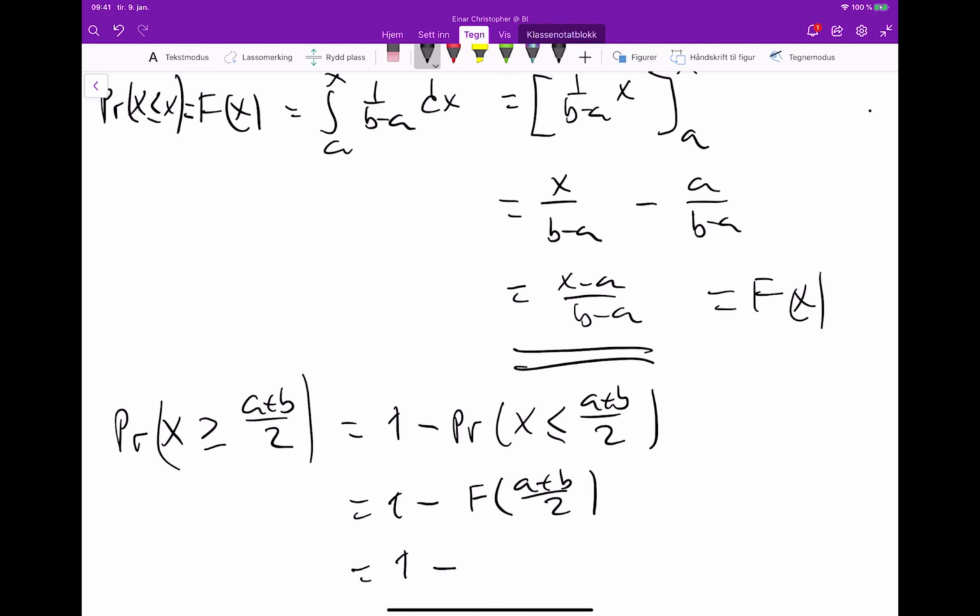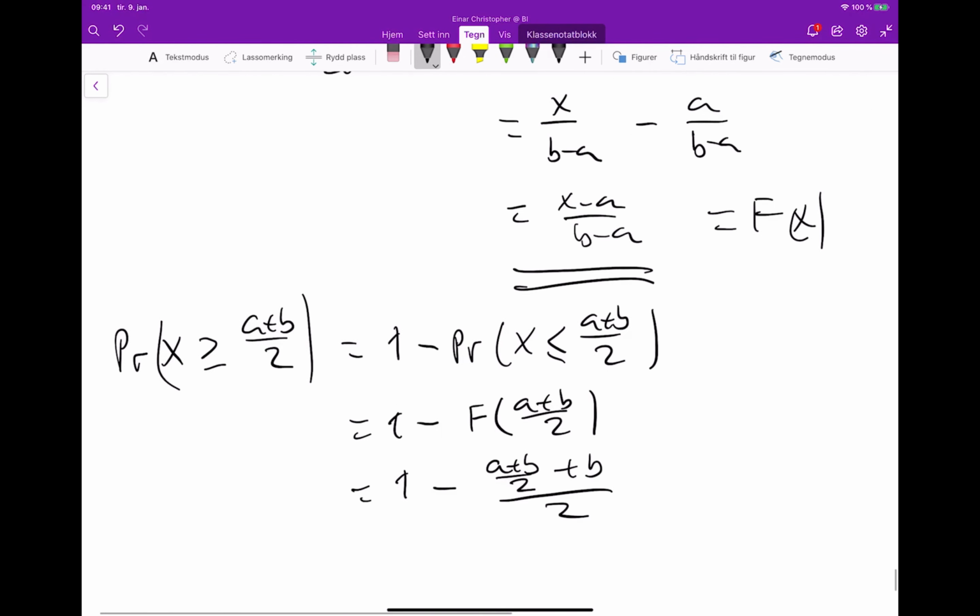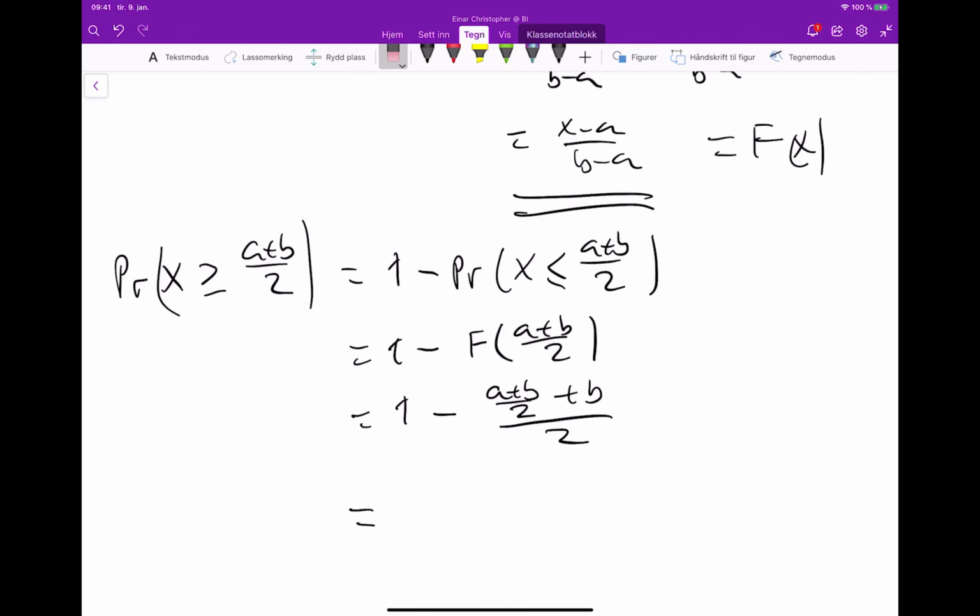So then we get x is a plus b divided on 2 plus b, and all this divided on 2. And then I just expand by multiplying 2 here and here, in numerator and denominator.